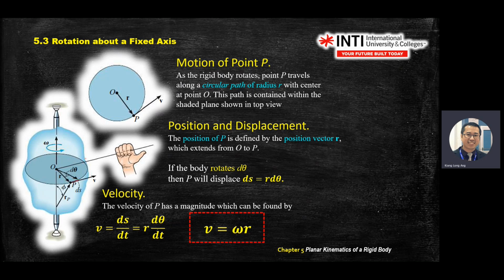You will see angular velocity, and then the question will ask you to find velocity, to find v. If angular velocity and angular acceleration are given, most of the time you need to convert them back to velocity and acceleration.